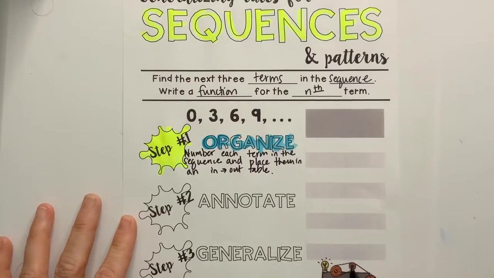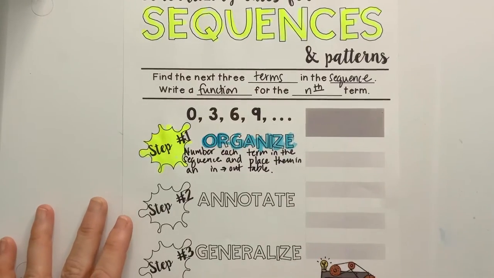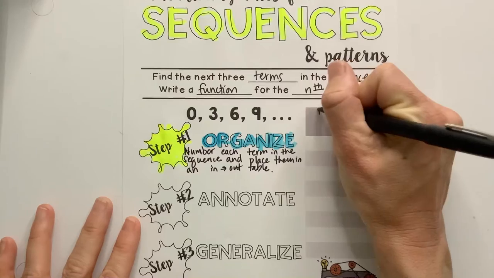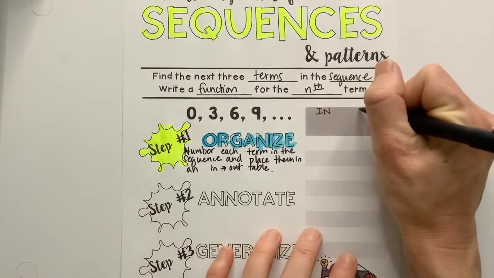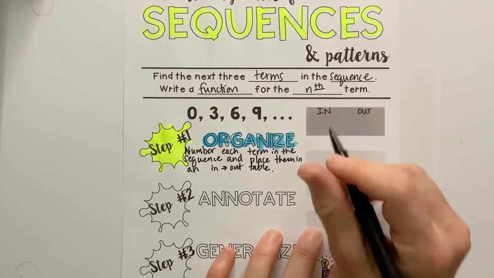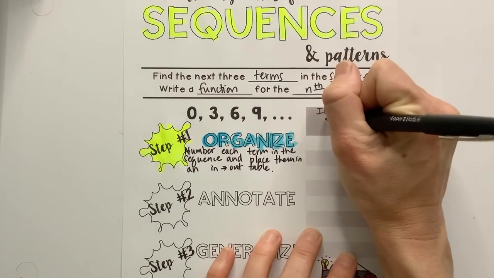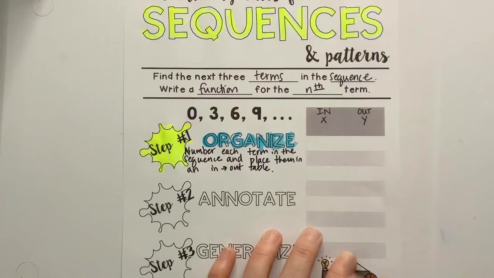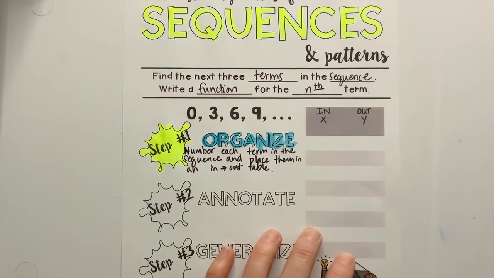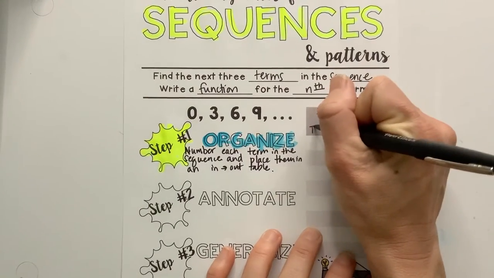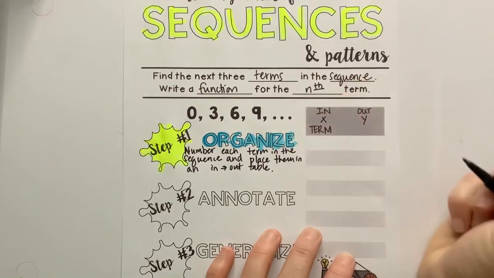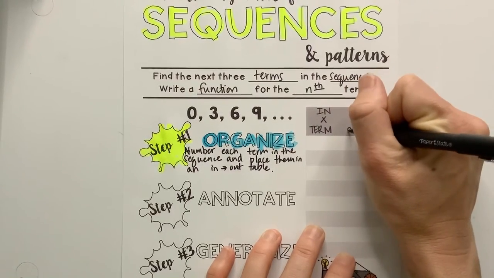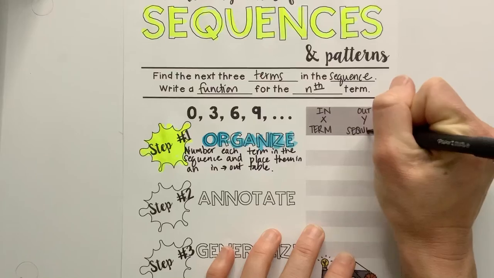So here is your table, and you can always just draw one on your own in your math journal. The first column, think of it as the input, output. You also have heard it referred to as your X and your Y. And in terms of sequences, the vocabulary you may have heard is your input is the term, and the output is the sequence value.